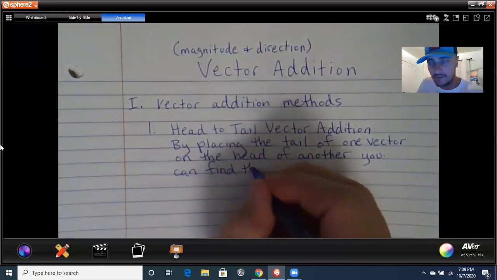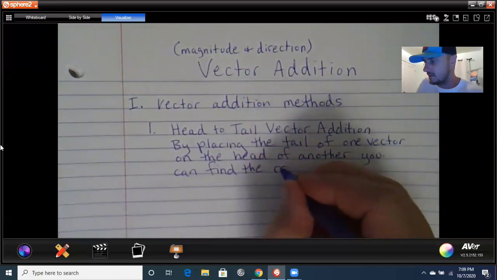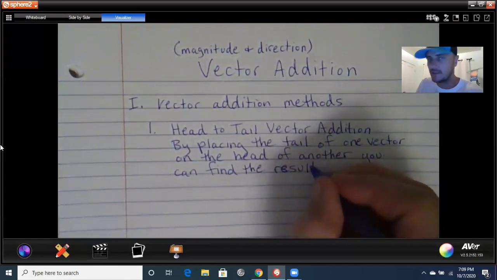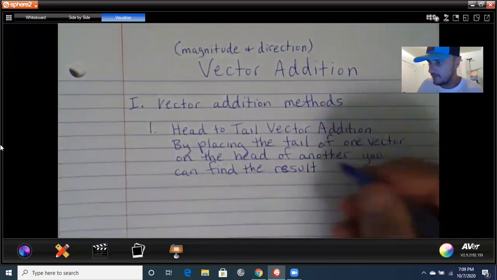the resultant vector. Now, what is this resultant thing? That's the answer. You can find the answer vector, basically, right?